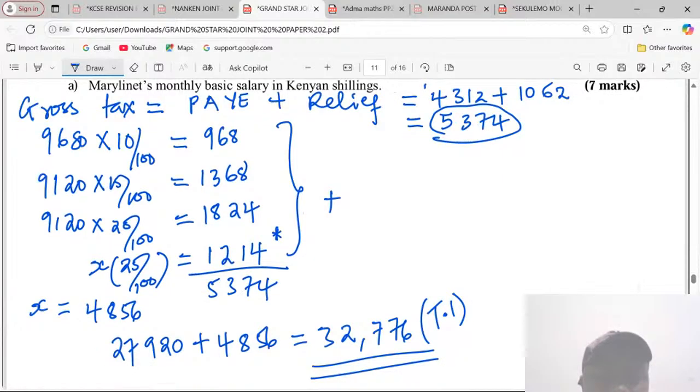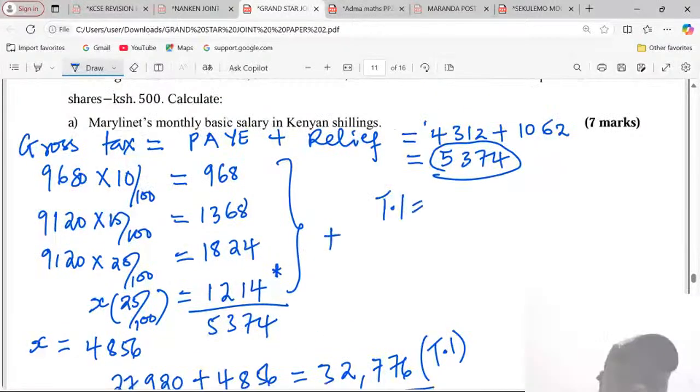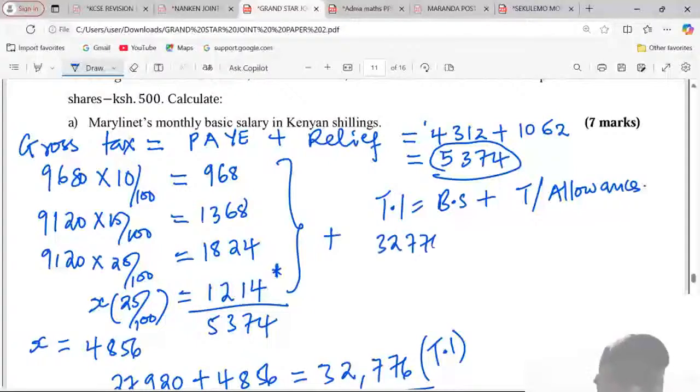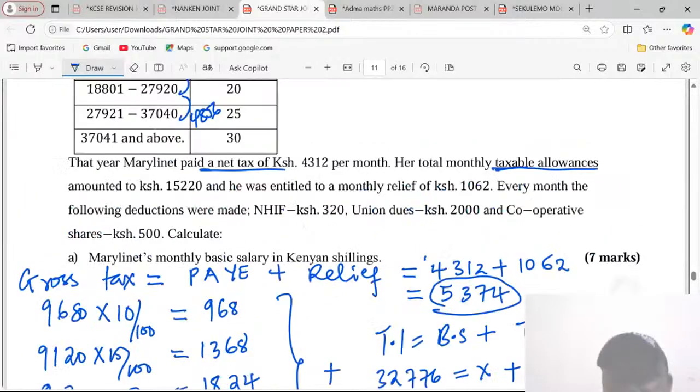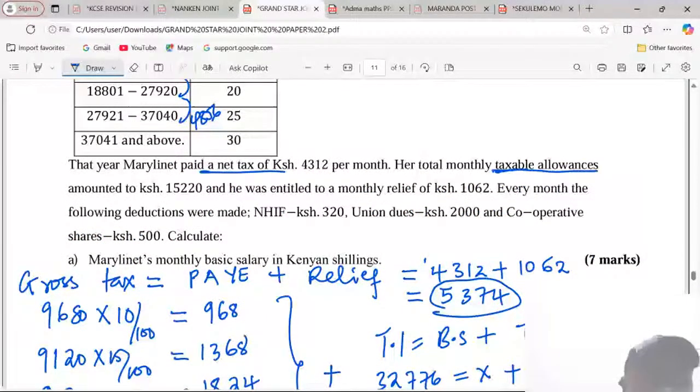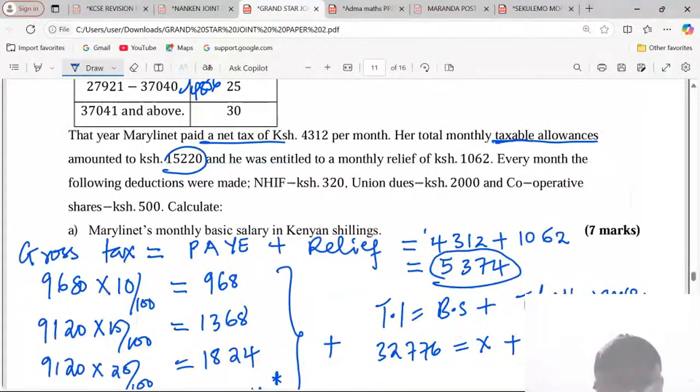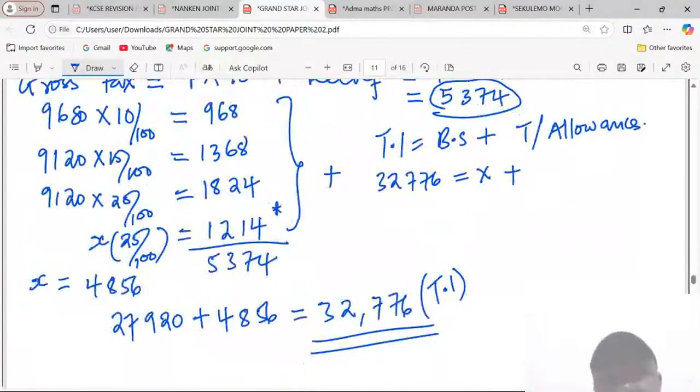We know that taxable income is usually given by basic salary plus taxable allowances. Not just allowances. Sometimes there are allowances which are not subjected to taxation. Unknown plus taxable allowances, which amounted to 15,220.